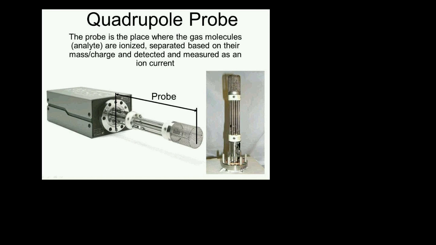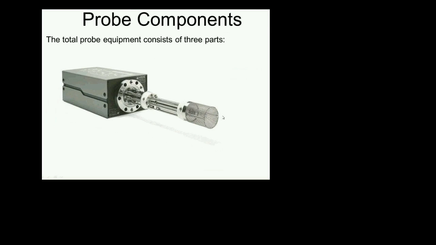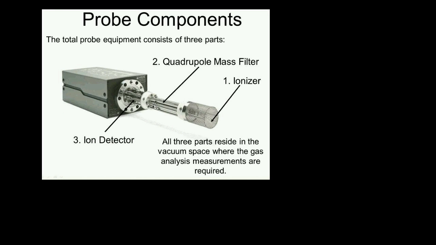And here is the probe standing up with all its components. The total probe equipment consists of three parts. There is an ionizer, which is in the front. There is a quadrupole mass filter that is in the middle. And then there is an ion detector. These three parts, when you're doing direct immersion, reside in the vacuum space where the gas analysis measurements are required.